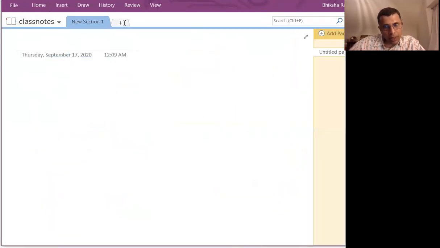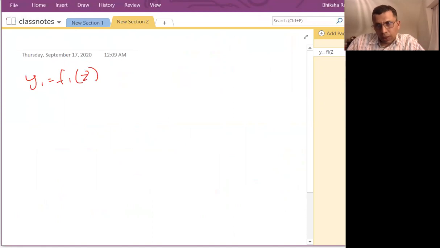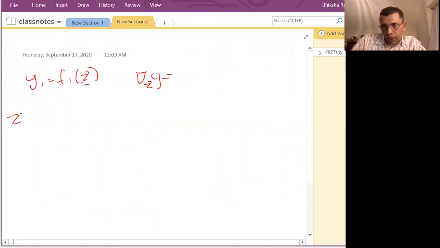Okay, now consider a scalar function y1 of some variable z. Let's say z is a vector of the form z1 through zn.